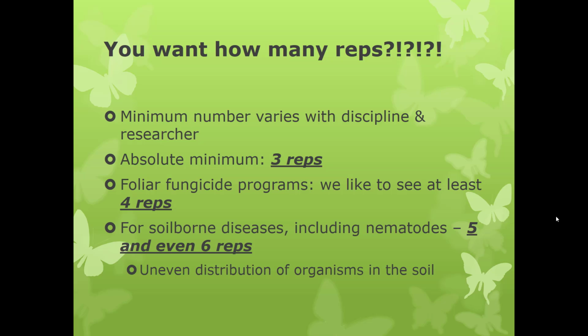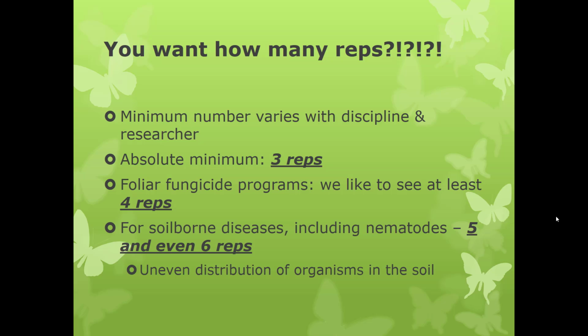If you are doing a fungicide trial, then peer-reviewed journal articles like to see at minimum 4 replications. And if you're doing something associated with soil, like trying to detect a soil-borne disease, which includes nematodes, then peer-reviewed journals like to see 5 and even 6 replications. That's because all of those things are highly, highly variable.